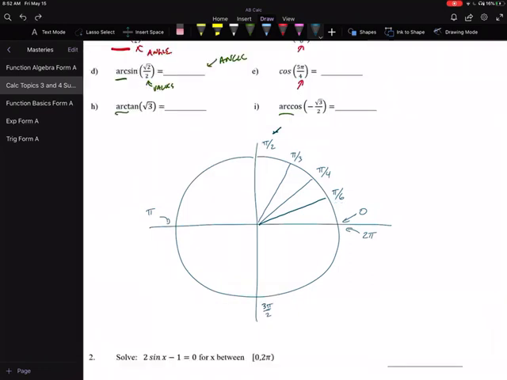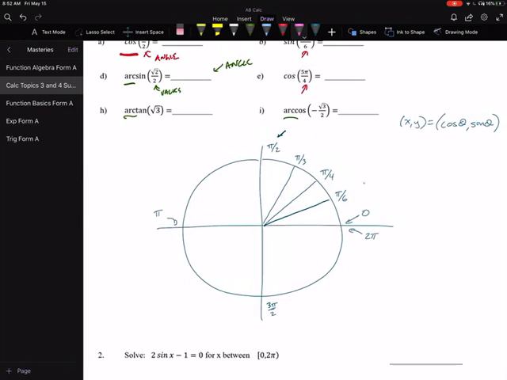So now, once we have those three, let's label all of the values for the x and y. When we label the x and y values, they correspond with the cosine of theta values and the sine of theta values. So in this first quadrant, I'm going to be labeling these three values particularly.